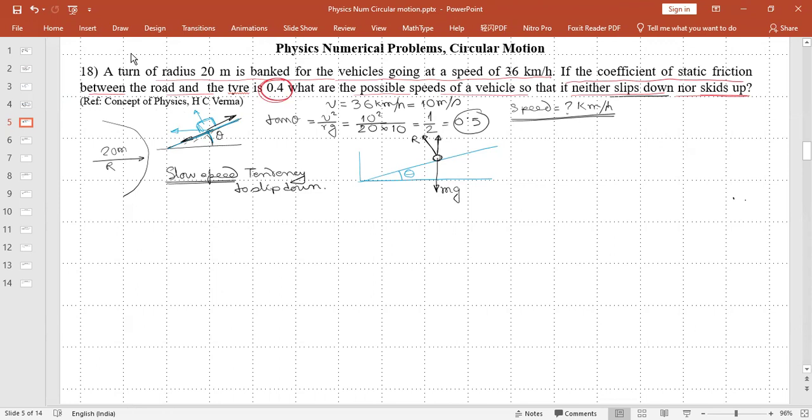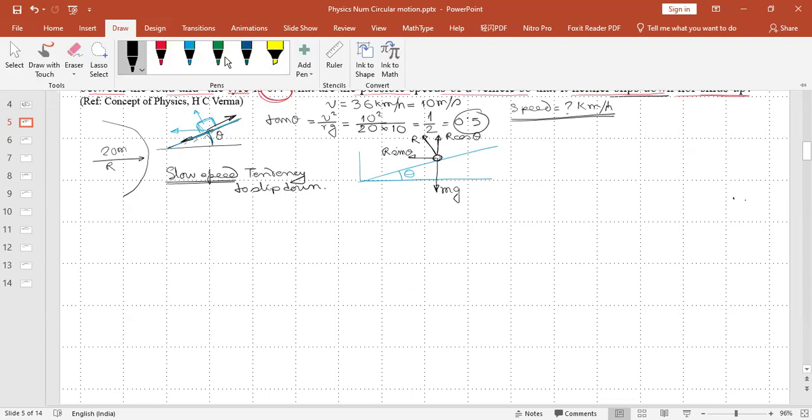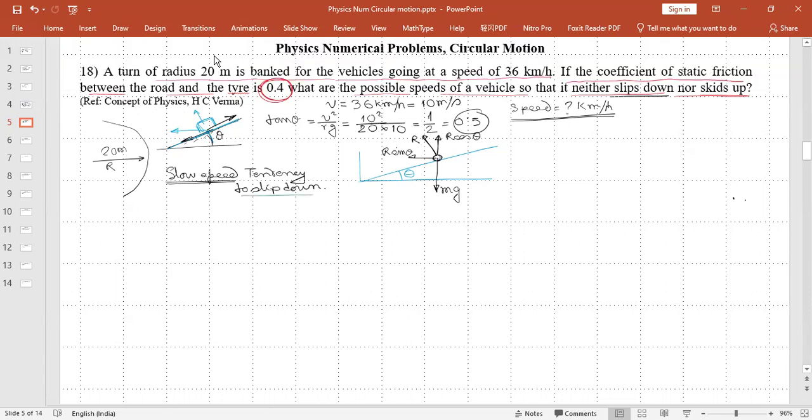One is R cos theta, and another component, R sin theta. And also there will be a frictional force. Since the car is trying to slip down, the frictional force will be upward in this direction. What is this frictional force? This frictional force is mu into R.